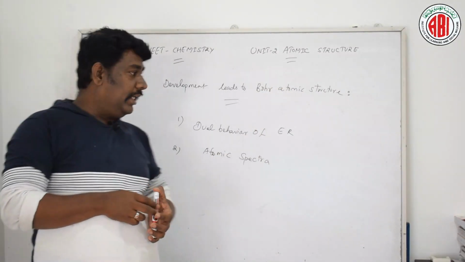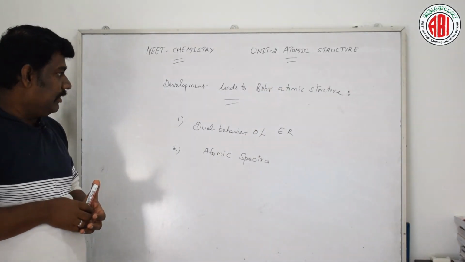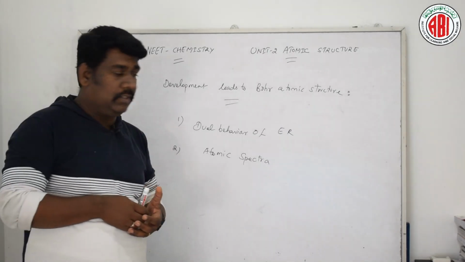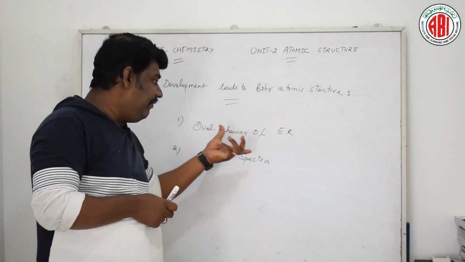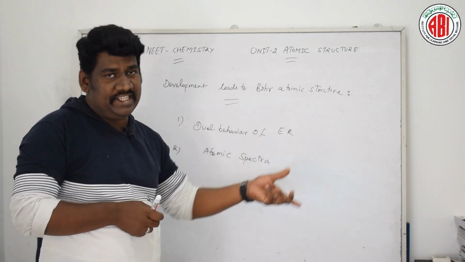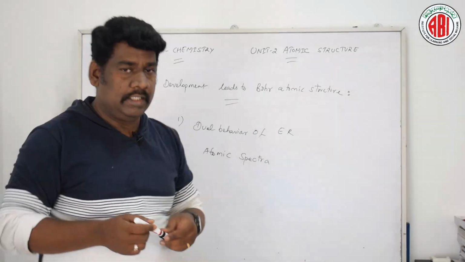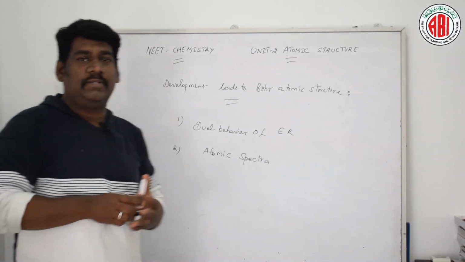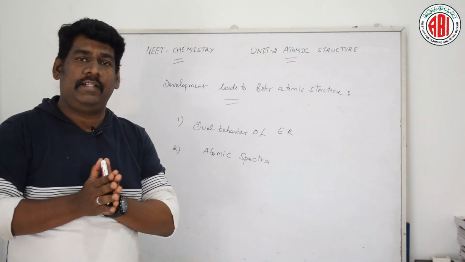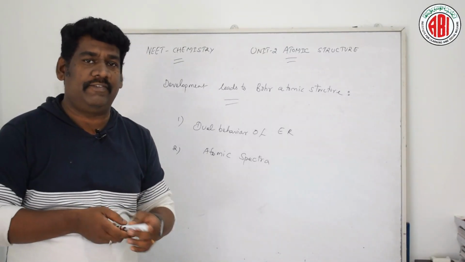One is the dual behavior of electromagnetic radiation, and the second is atomic spectra. These two major concepts played a major role in the development of the model of an atom.